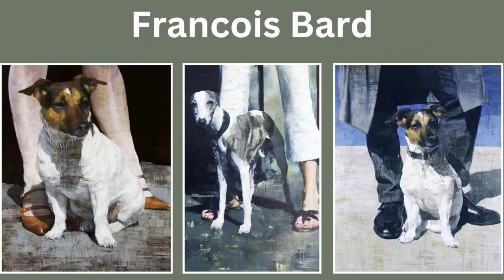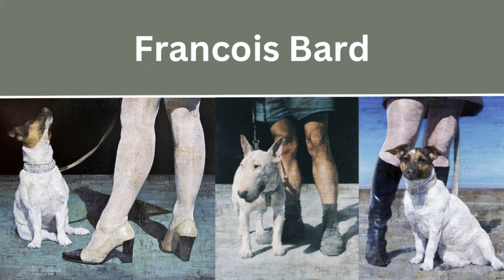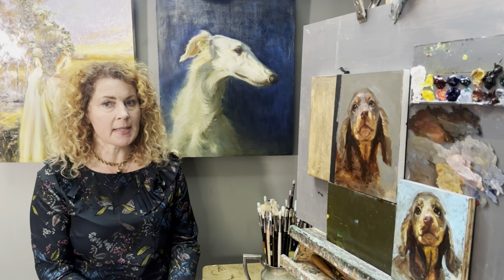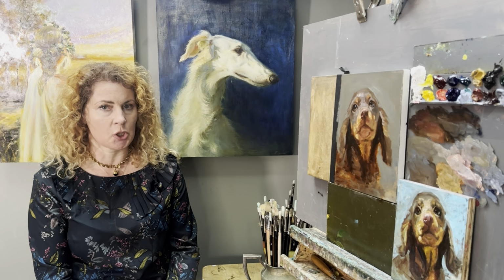Here, people become the props, serving the narrative of the dogs and their relationships with their humans. Barthes offers only subtle clues about the people through what they wear, their stance, and their positioning relative to the dogs. The rest he leaves to our imagination.